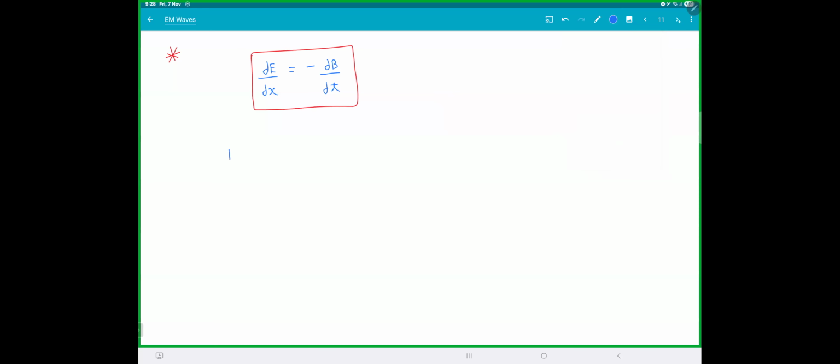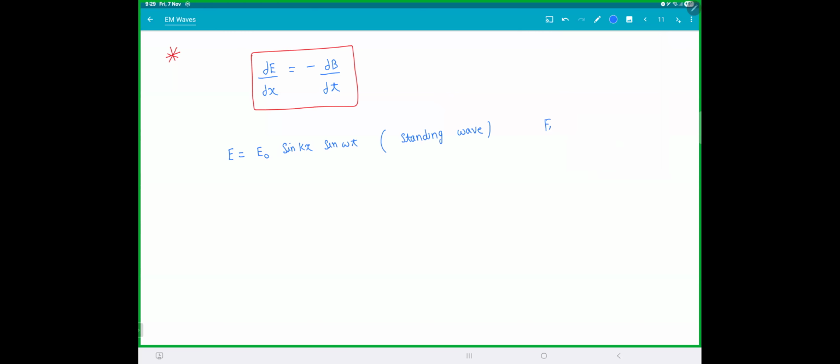Right. So the question in the exam was this. E is equal to E naught sin kx sin omega t. Now, this is not a progressive wave, so you can't use all the formulas I taught you. This is a standing wave. It's a combination of two progressive waves. So here you can't argue E is perpendicular to B and all that. It doesn't make sense.